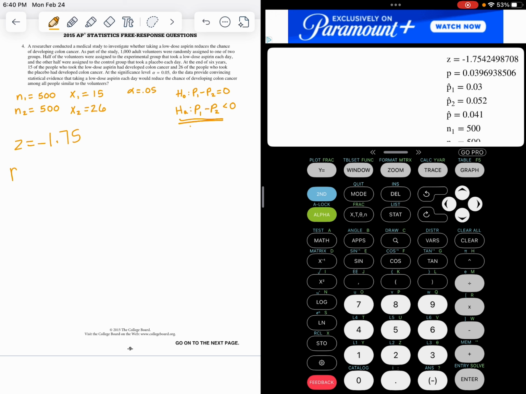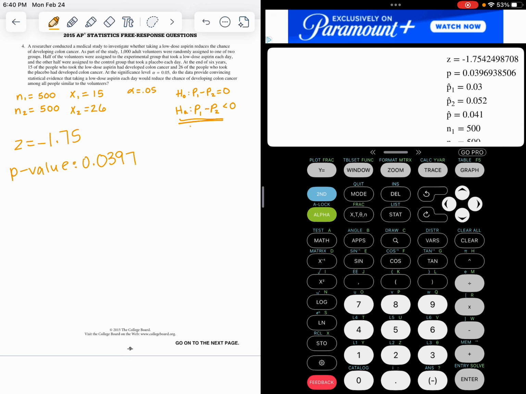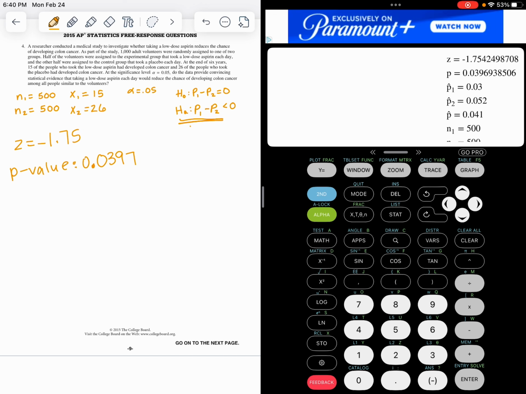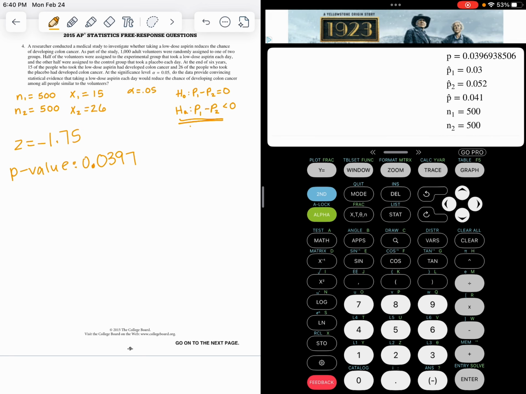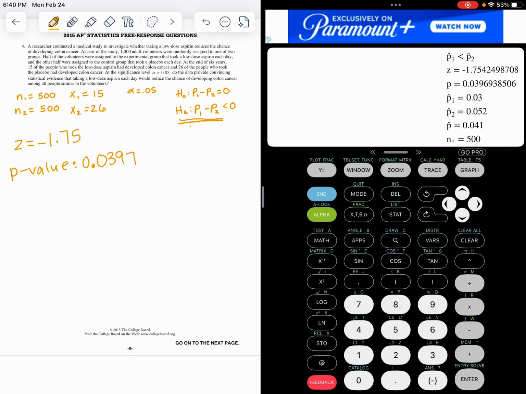And then it gives us the p-value, which is 0.0397. And that would be the answer if you were asked for the p-value. It also even tells you what p hat 1 is, p hat 2 is, p hat combined is. So it gives you all of this information just by plugging in a few things to your calculator.